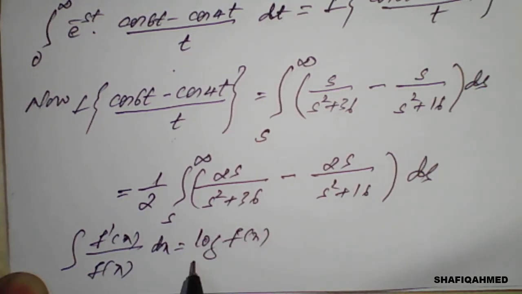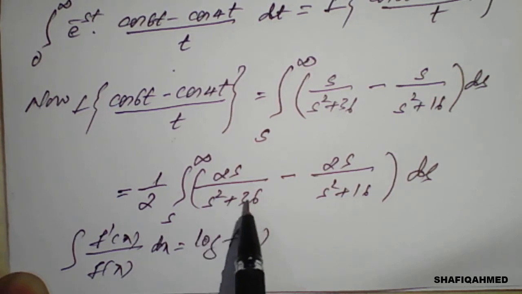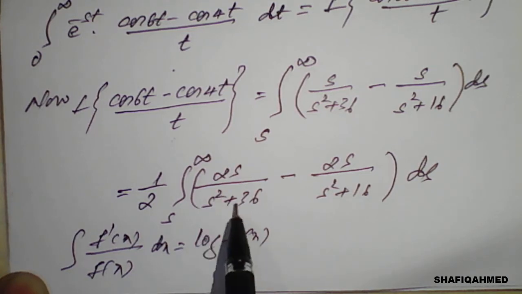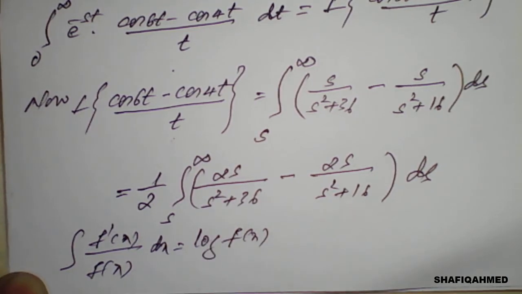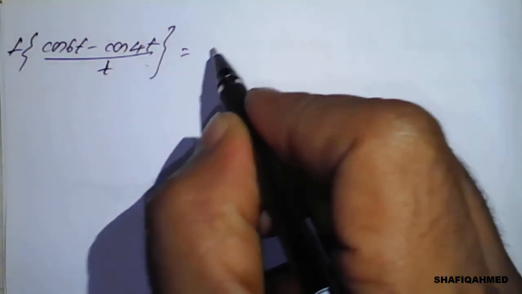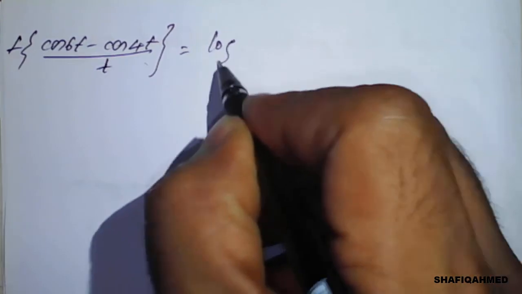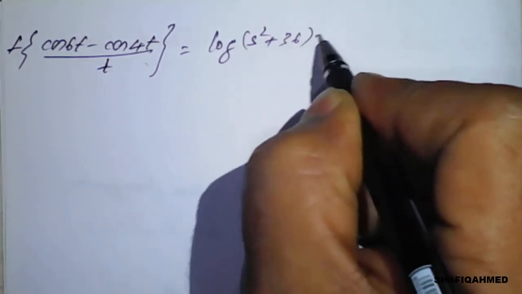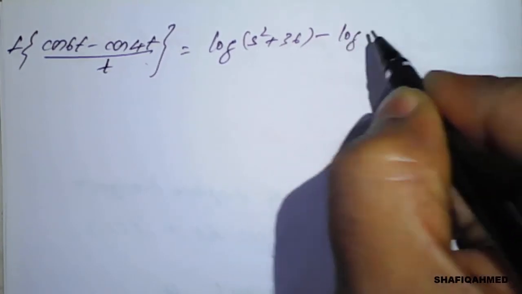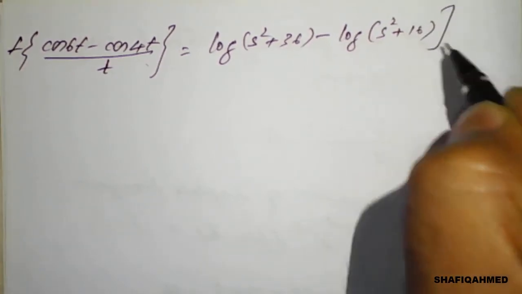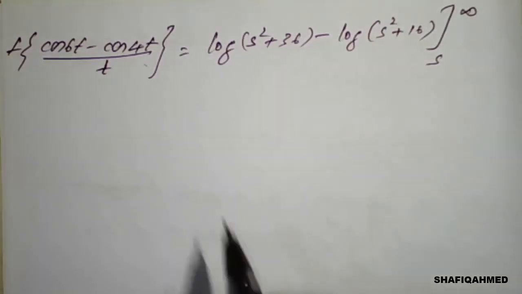Using this property, since the differentiation of the denominator s square plus 36 gives 2s, and the same holds for the other term, we can write log of the denominator for both cases. Therefore we get log of s square plus 36 minus log of s square plus 16, limit from s to infinity.